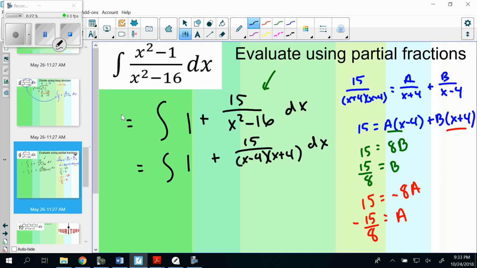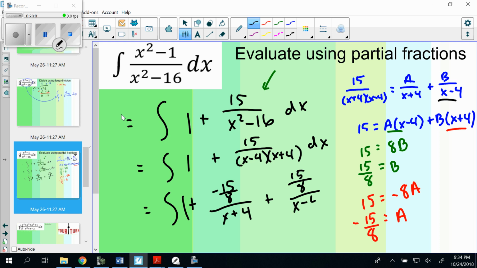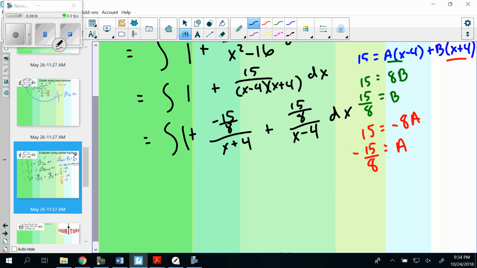So now writing this out, we have 1 plus a was negative 15 eighths over x plus 4 plus the other one was positive 15 eighths over x minus 4. And now we should be able to integrate each one of these. Integral of 1 is just x, or antiderivative, I mean.